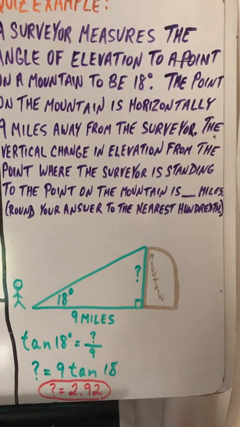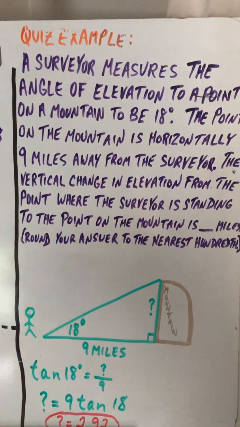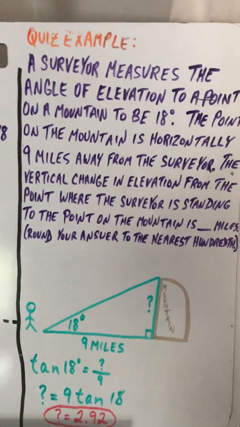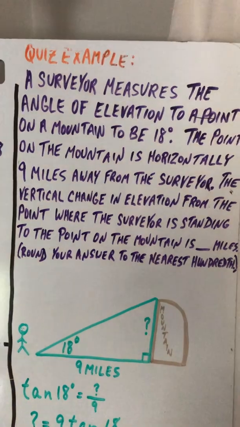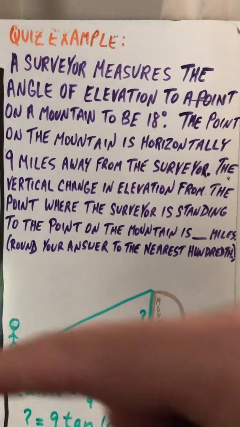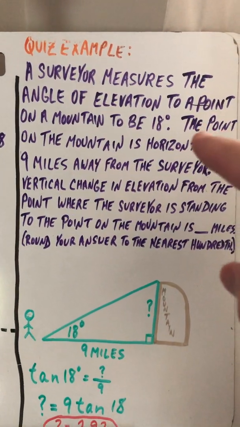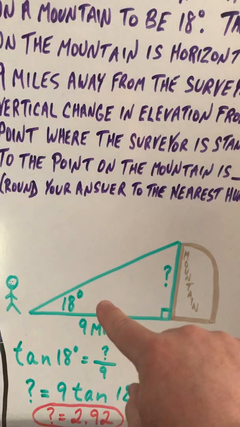Round your answer to the nearest hundredth. You have to take this step by step. The surveyor measures the angle of elevation. That's the angle going up. The angle of elevation going up is 18 degrees.